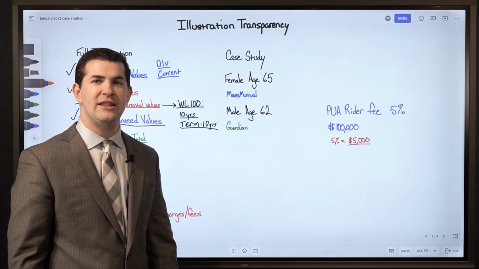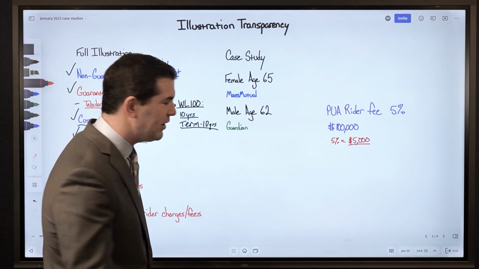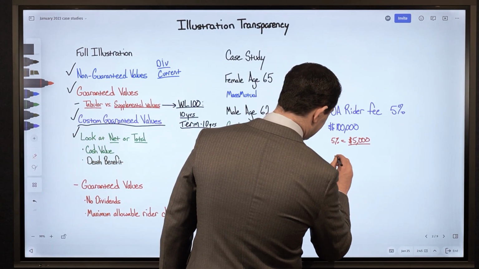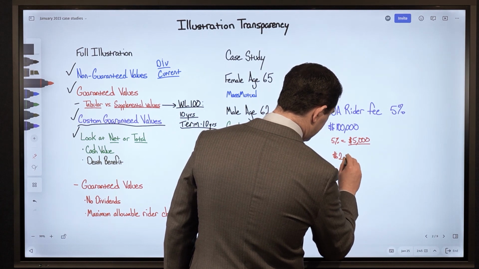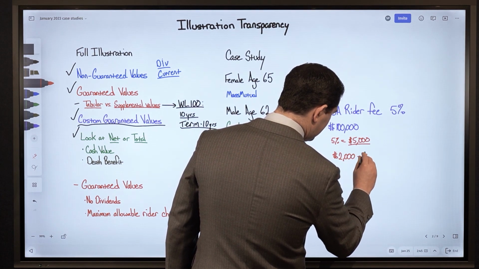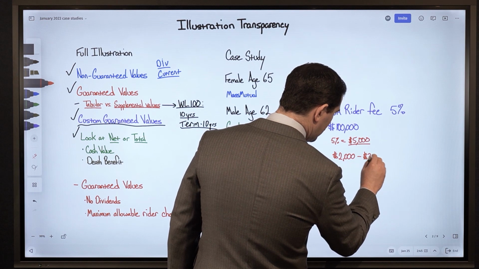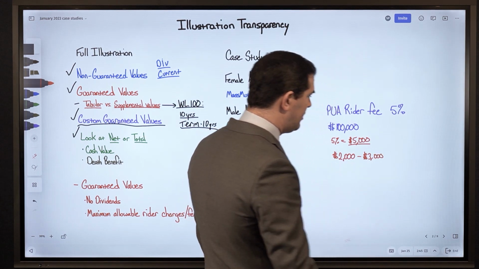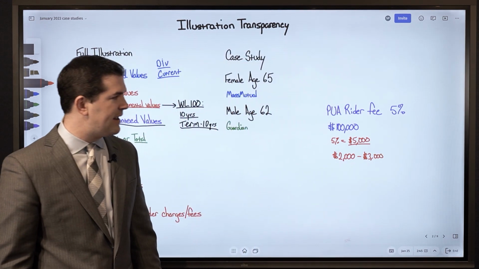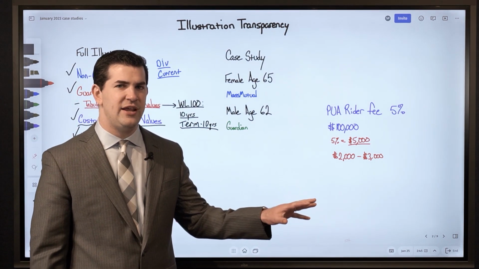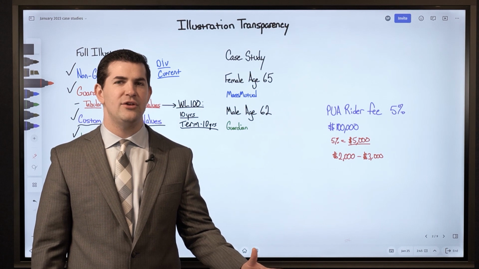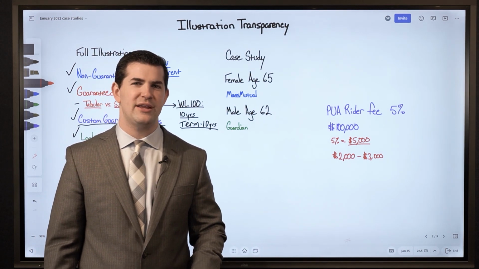However, when you look at the actual policy value, what you'll see is in the first year, that'll come out somewhere between $2,000 to $3,000, which is 2 to 3%. Then by the time you hit the second and especially the third year, what you'll find is I've got that fee, but the policy is also compounding, so I don't see a negative impact all the time.